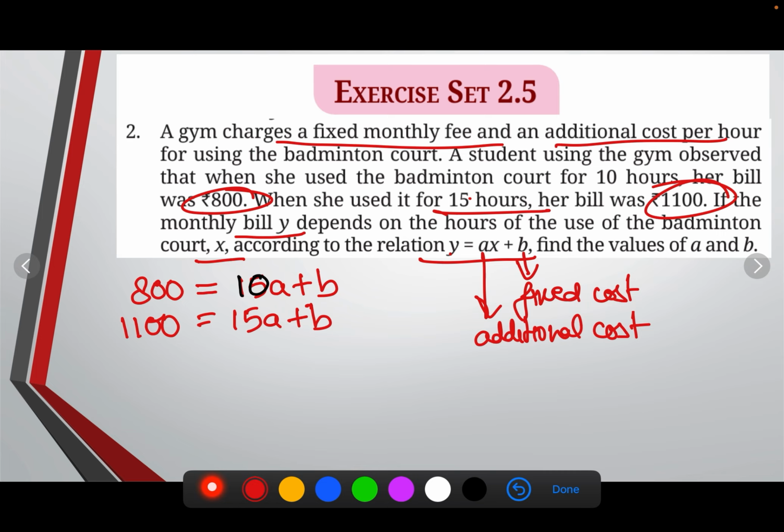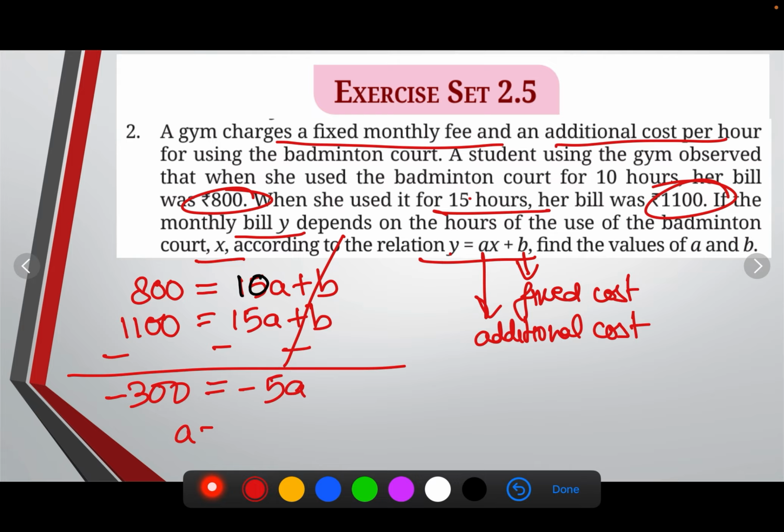We have already discussed elimination method and substitution method. You can use any of the methods for finding out the value of A and B. I find elimination easier. So I am subtracting. B is eliminated and we get 300 equals 5A. So the value of A is 60.